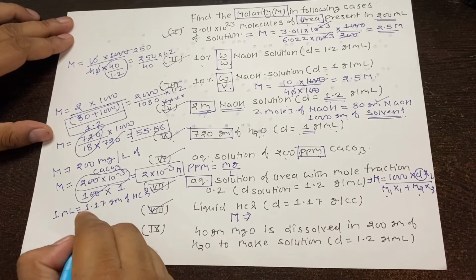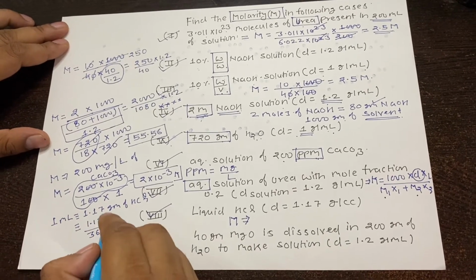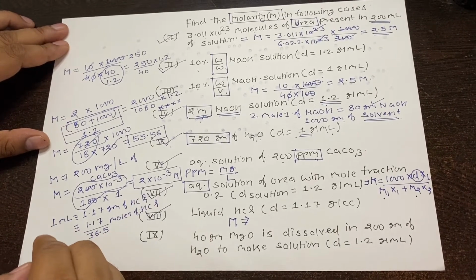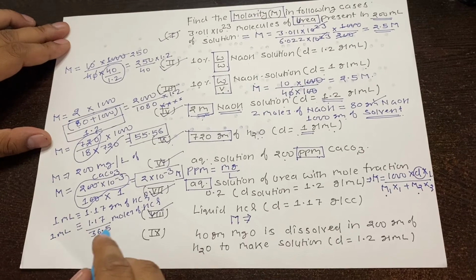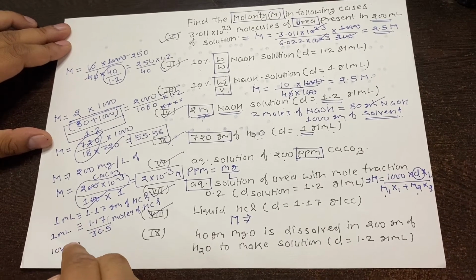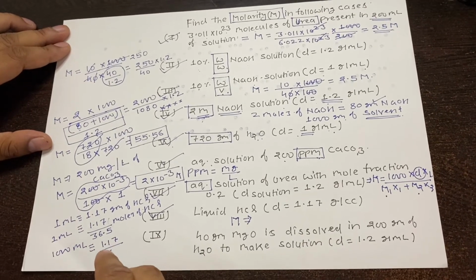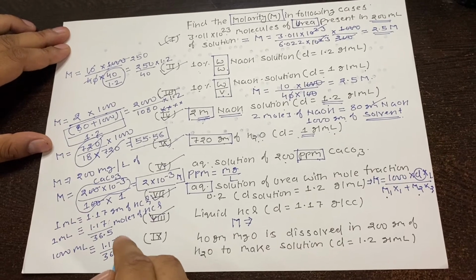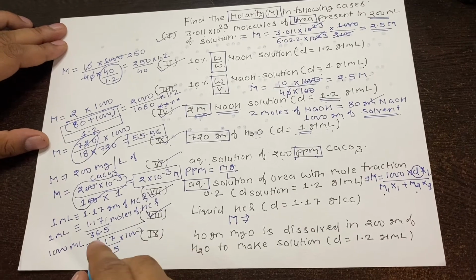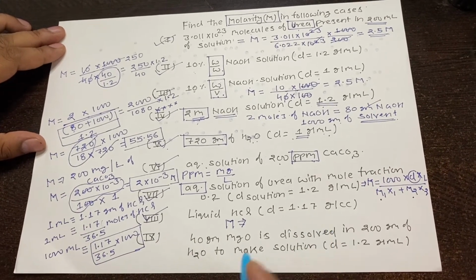We can say simply 1.17 divided by 36.5 moles of HCl are present in 1 ml. So for 1000 ml, which is 1 liter, we can easily calculate 1.17 divided by 36.5 into 1000. So this will be the molarity of this solution, because the number of moles present in 1 liter of solution is the molarity of that solution.